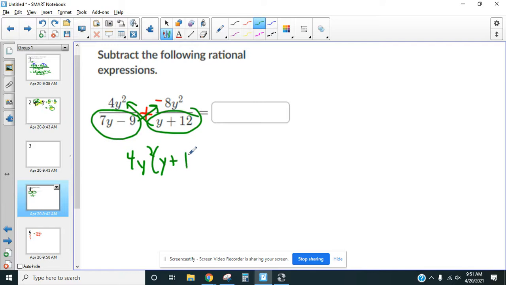And listen, some of you could go ahead and distribute in this step. I mean, you can see that. Like if you want to say, hey, what's this times that, that times that, I totally get it. You don't need that extra step in there. Okay, so now this is plus -8y squared, and then times that.